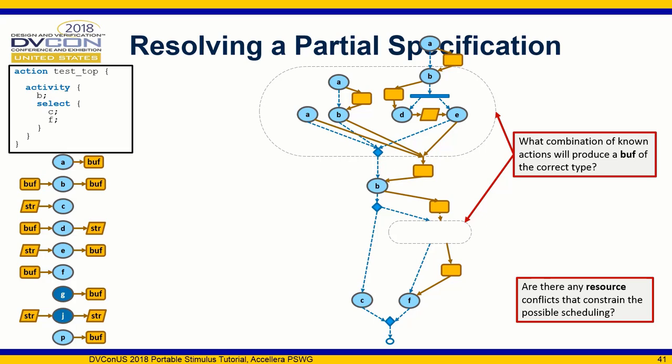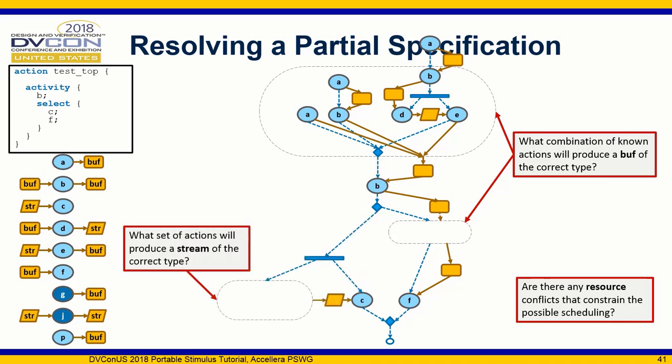Right, so we have this hole in here that we got to fill in. We also have the stream object for C, so we got to figure out what's going to happen. So anybody that supplies that stream object to C has to execute in parallel with C, and those things are going to happen after B because of the way we've defined the activity.